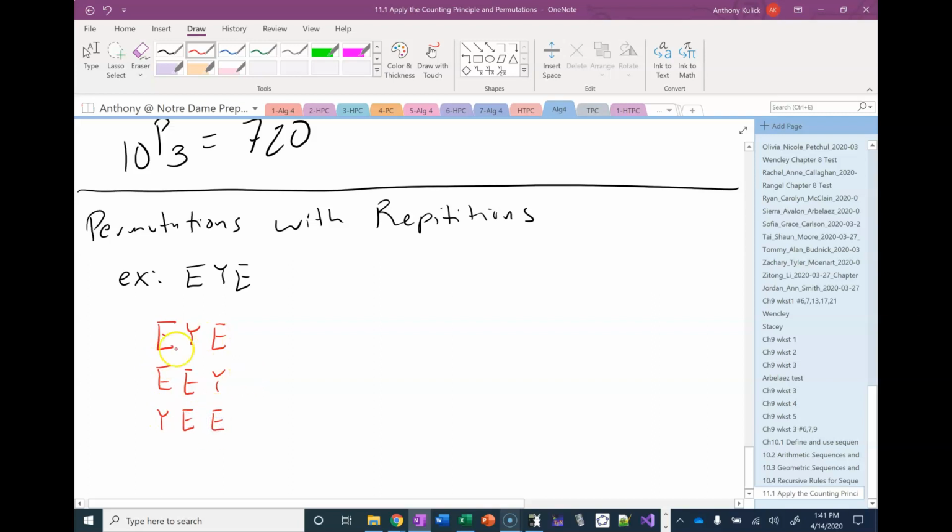But that's it, because these capital E's are exactly the same letter. So there's fewer ways we could arrange them than if all 3 letters were different. Remember when we did A, B, C, there were 6 ways. Here there's only 3.